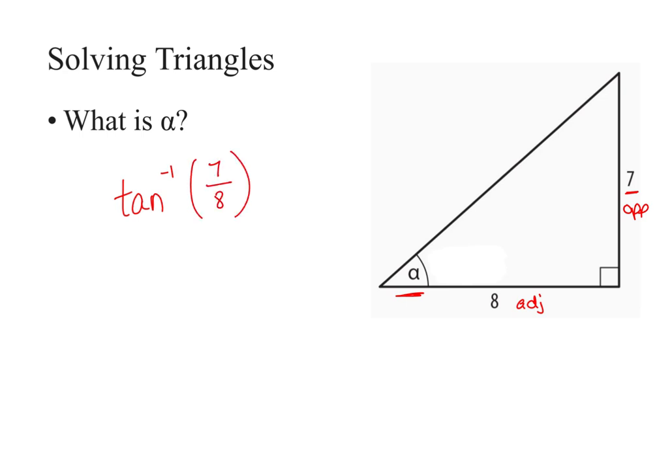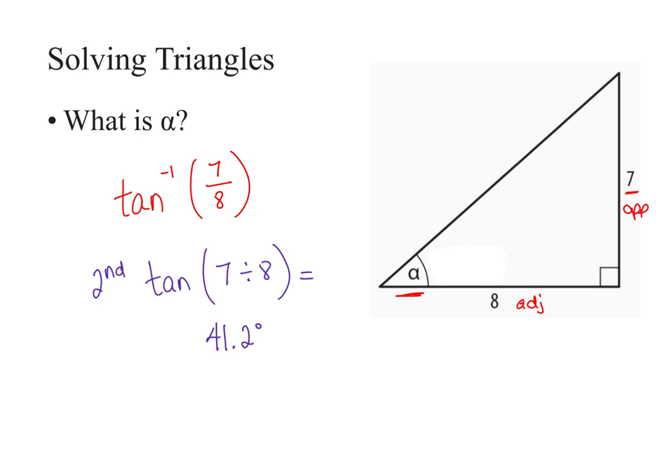In your calculators, you're going to use your second button, then the function that you're talking about, which in this case is tangent. It's going to open parentheses, and there you're going to say 7 divided by 8. And then it will give you an angle measure. You should have gotten approximately 41.2 degrees for that angle measure.